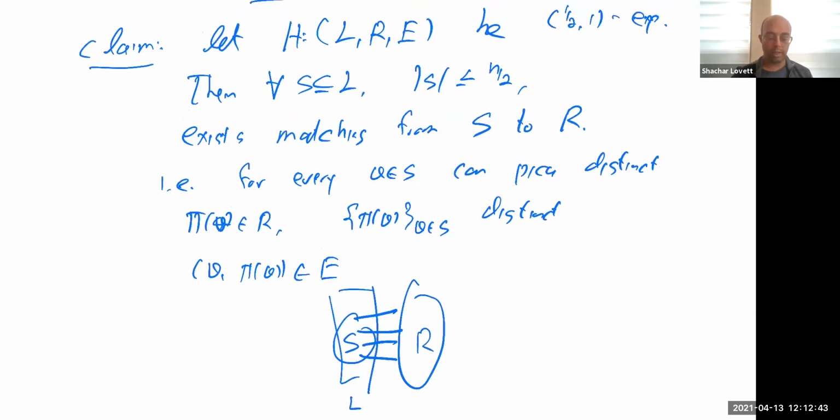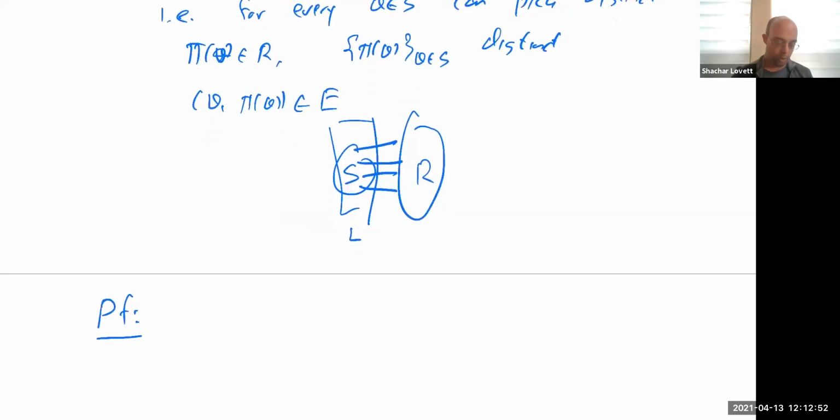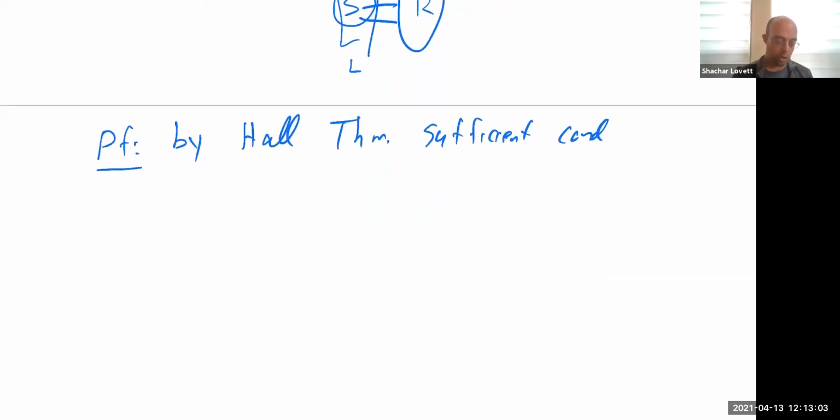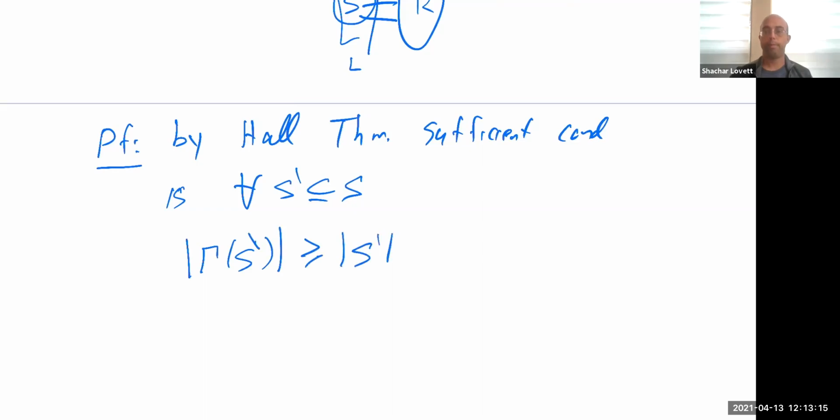And again, the proof here is exactly Hall's theorem. Hall's theorem tells us when there is a matching in a graph. A sufficient condition, in fact an equivalent condition, is that for every subset S prime of S, the number of neighbors is at least the size of S prime.